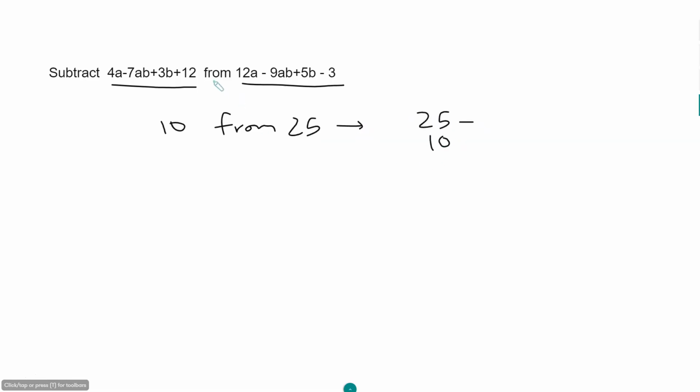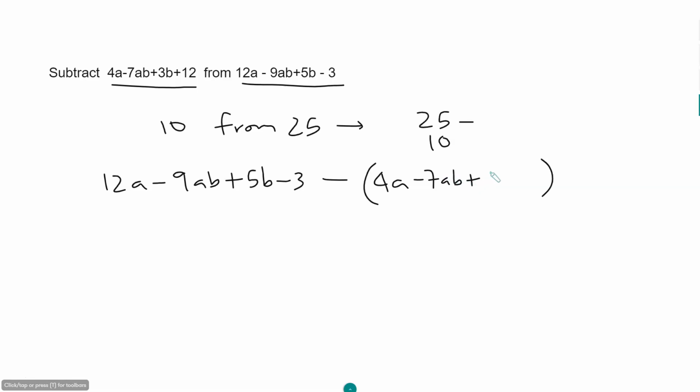Similarly, for this question, you need to write 12a minus 9ab plus 5b minus 3, minus the first expression, that's 4a minus 7ab plus 3b plus 12. The only thing to note here is that when you do a subtraction, you should always write the entire expression after the minus sign within brackets.